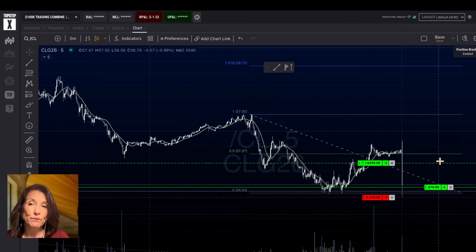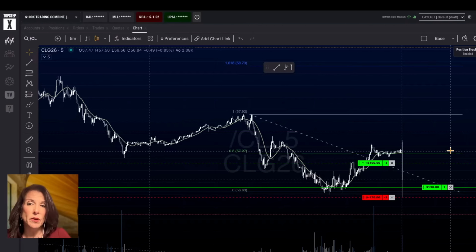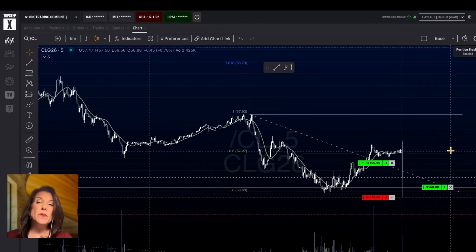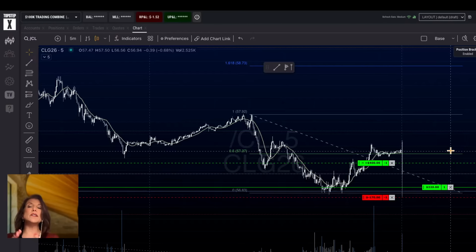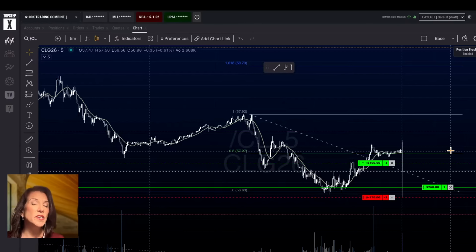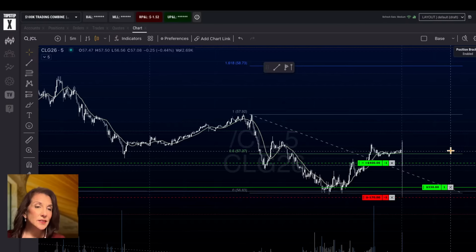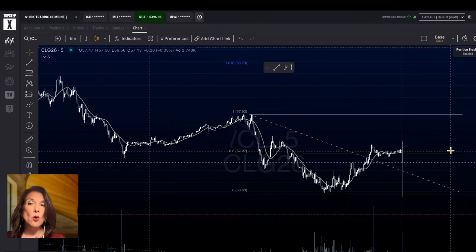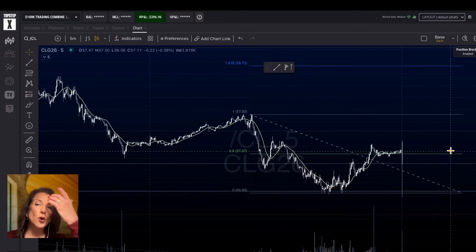That's essentially what I would think here, simply because the world is not going to be awash in oil. That's not what's happening here in Venezuela. Okay? So, order filled. All right, so now we're up $400.